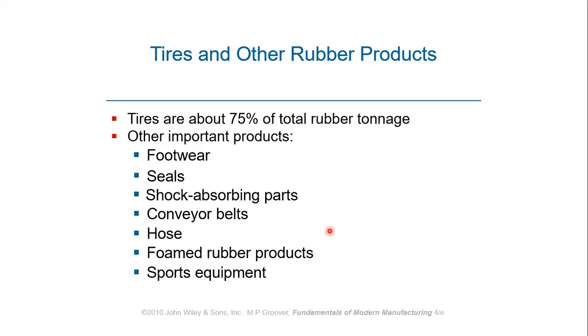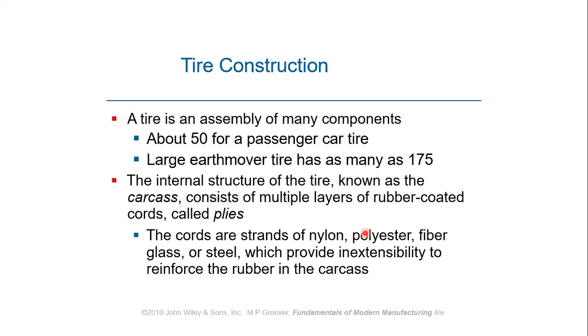Other rubber products are all involved. We have already talked about all of these. Actually, 75% is used in tire manufacturing, so we'll have to look at tire manufacturing. To construct tires, the tire assembly involves many components.